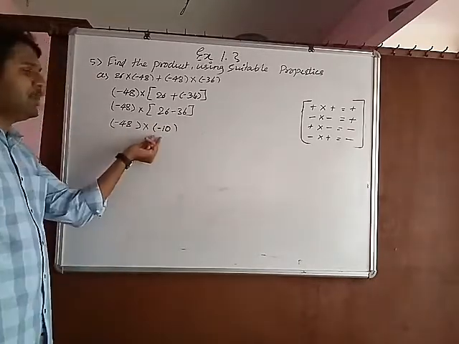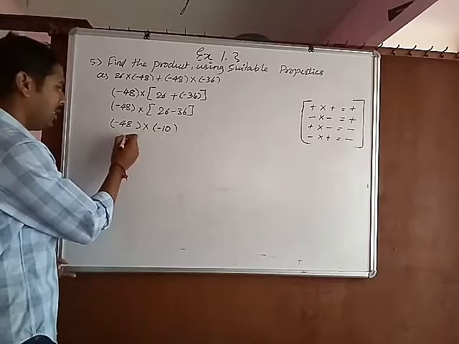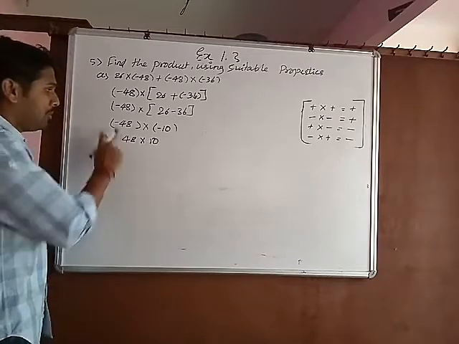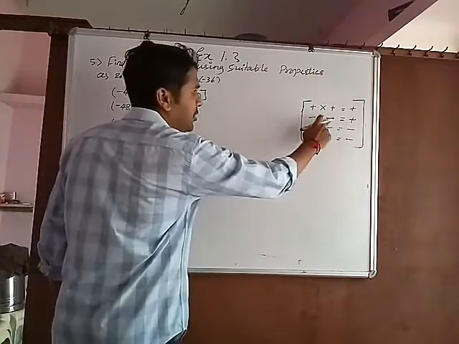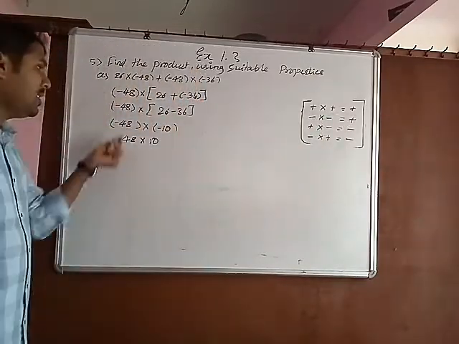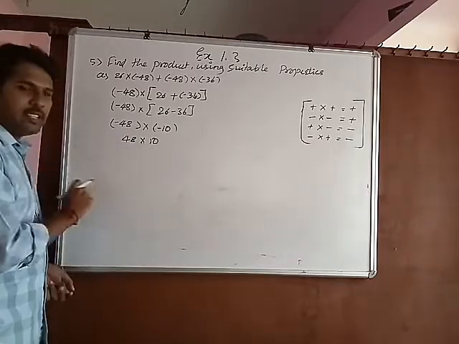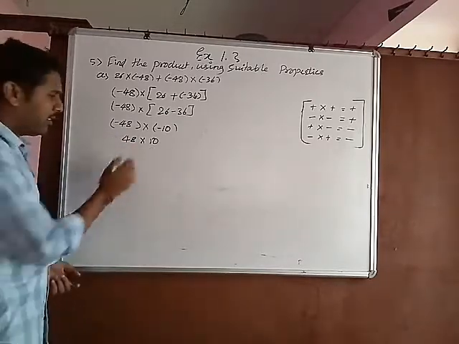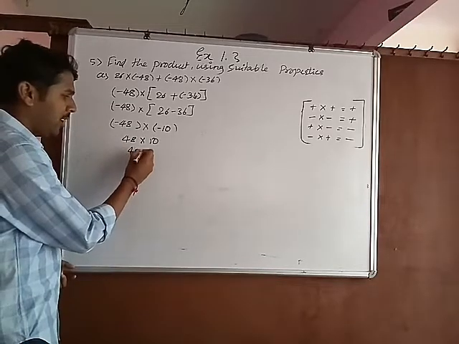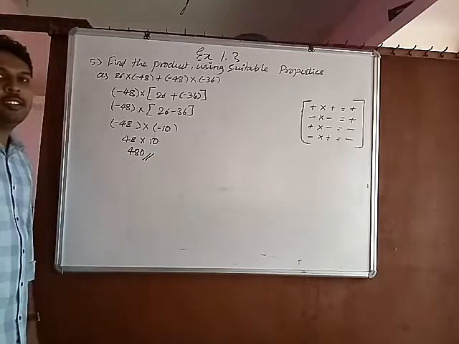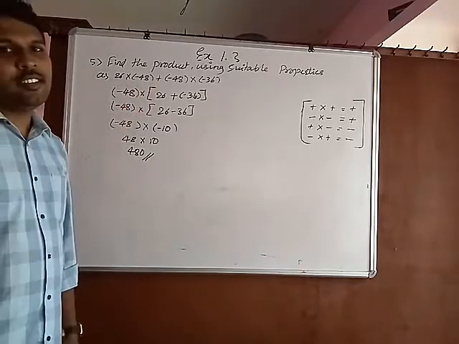So minus into minus, plus, no, that is 48 into 10. 48 into 10 means here already 0 is there, directly multiply 48 into 1, 48 and 0. So answer is 480.